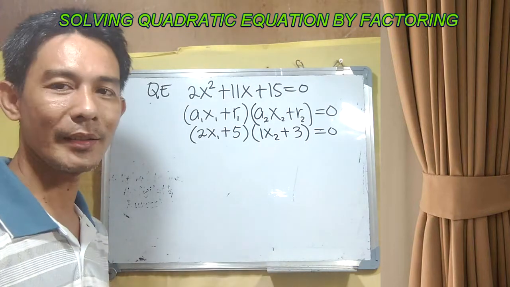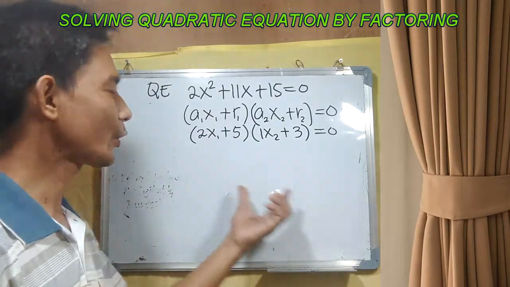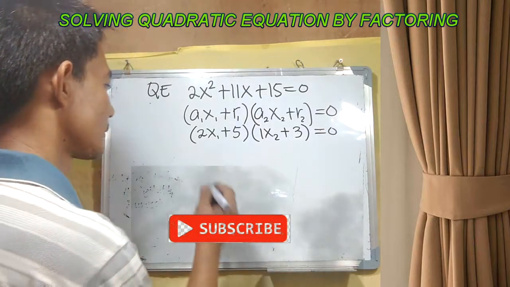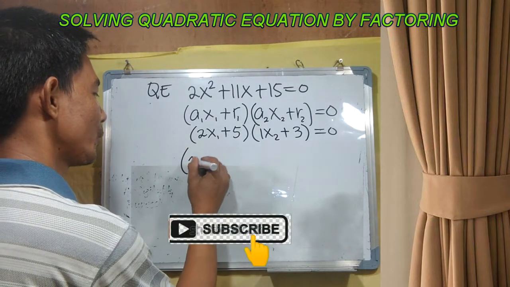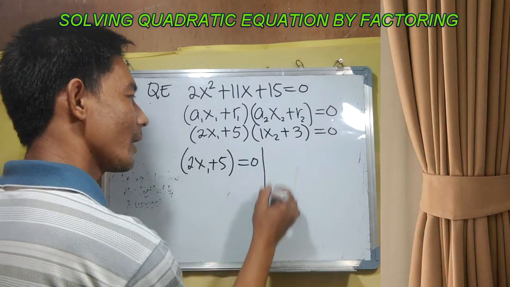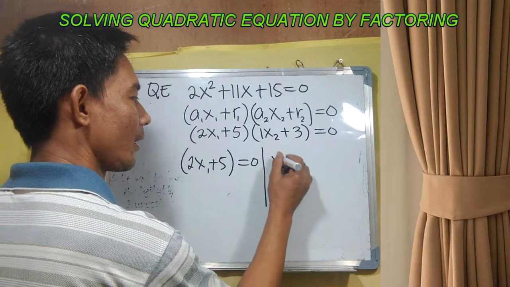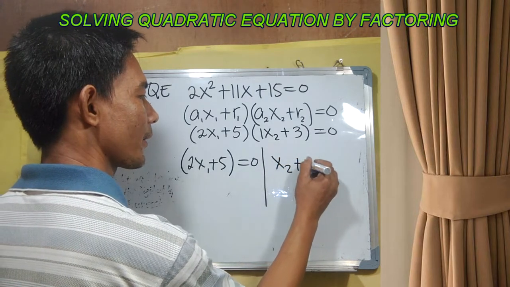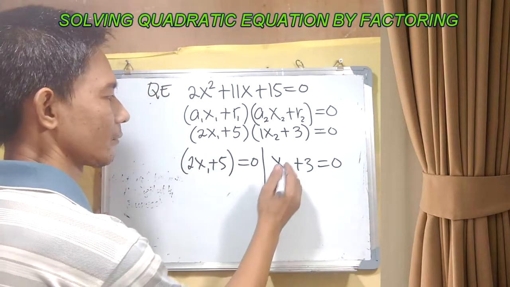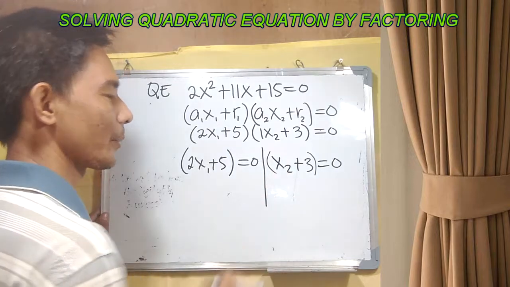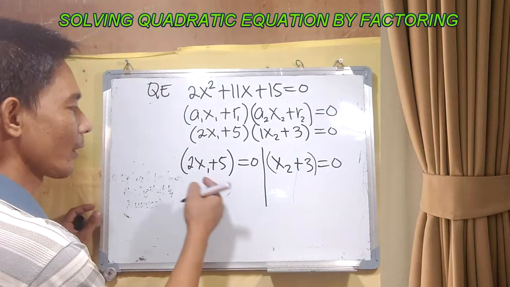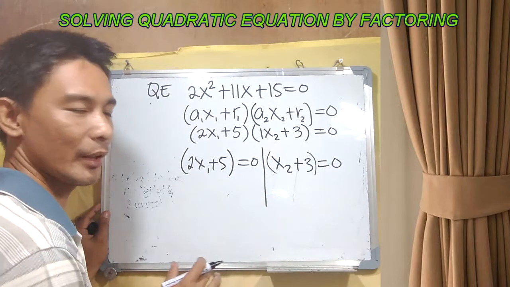Then we're going to apply the zero product property. So each factor will be equated to 0. So this will become 2x sub 1 plus 5 equals 0, and the other one, x sub 2 plus 3 equals 0. We can also remove the parentheses. Then apply the addition property of equality here.